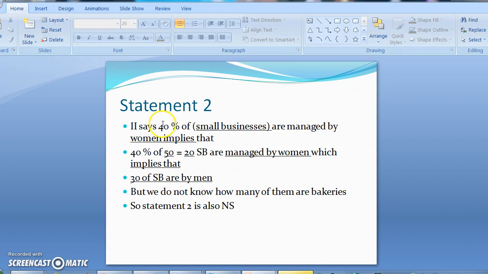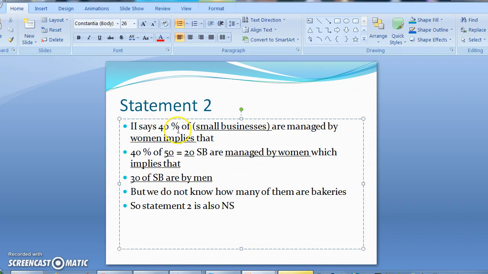Great, now let's look at statement 2. Statement 2 says 40% of small businesses, again underlined, this time only small businesses, are managed by women. How many small businesses are there? We remember it is 50. 40% of 50 makes it 20. These are managed by women. So if out of 50 small businesses, 20 are managed by women, then the remaining 30 are managed by men.